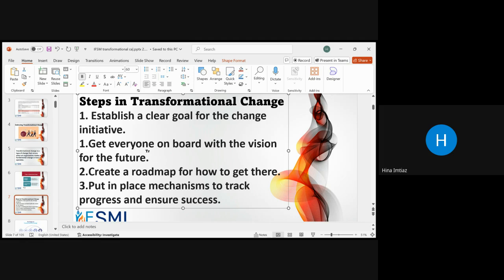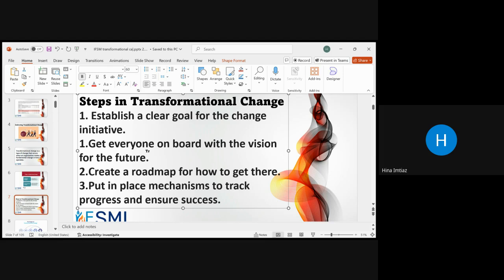For me, each and every student is a leader, and you have to gather all the people on one page. So for that, you have to get everyone on board, and you have to tell your vision: why you want this change, why this is beneficial for humanity. And then you have to create a roadmap for how to get there, like what you want and how you can get that specific goal.